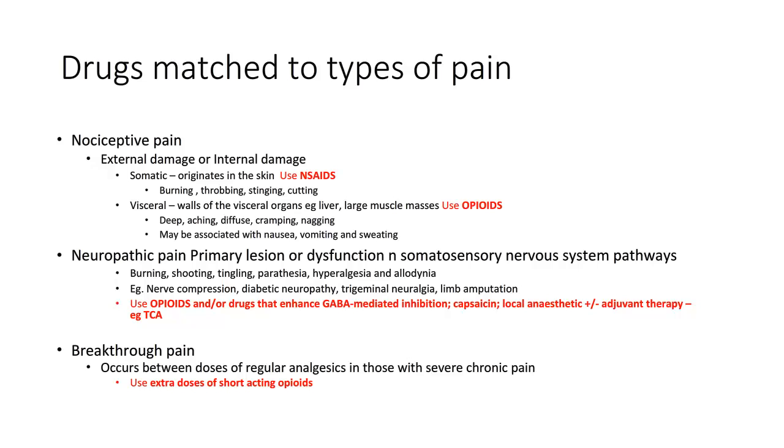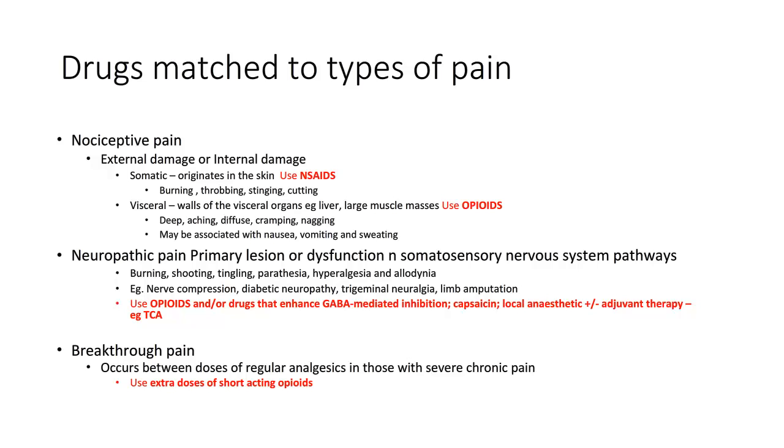With neuropathic pain, we need to think about adjuvant therapy, and that means looking at things like using anxiolytics and antidepressants as a means of helping patients deal with chronic pain.